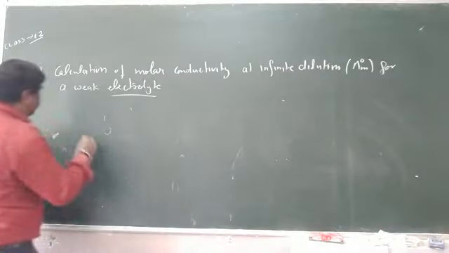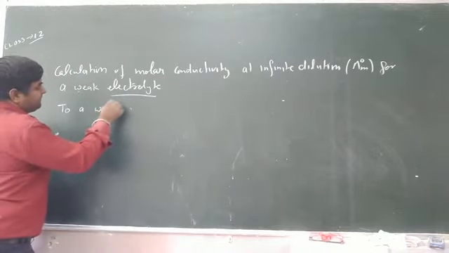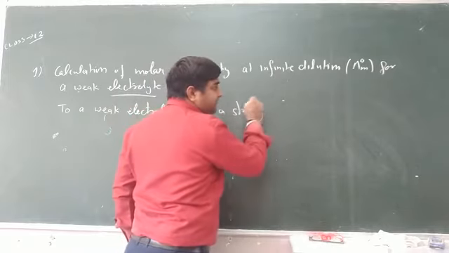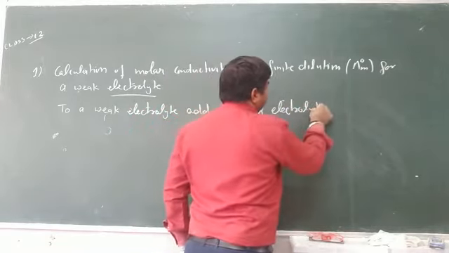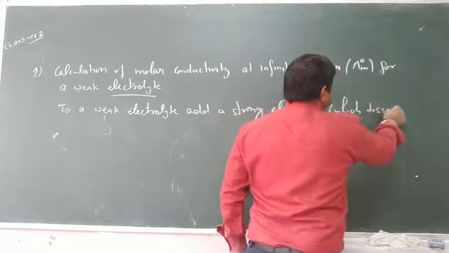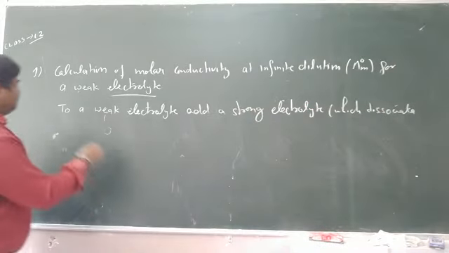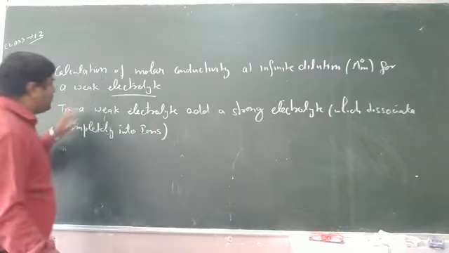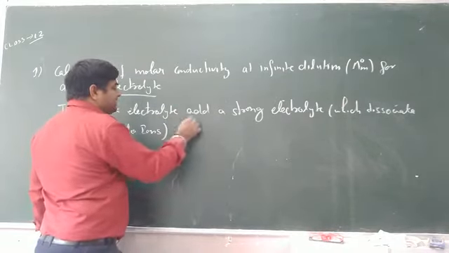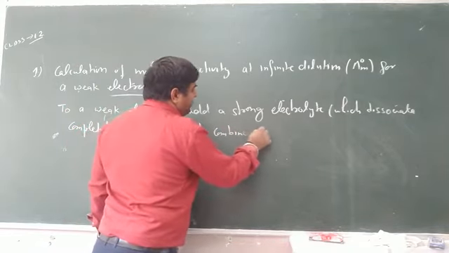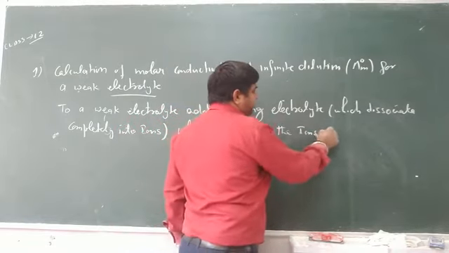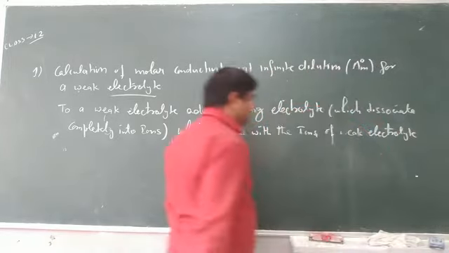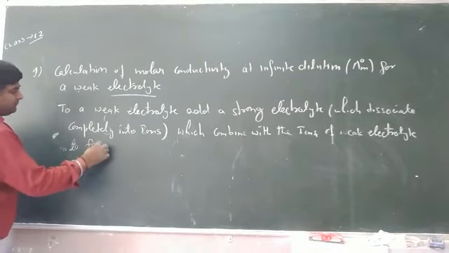Keep in mind, I'm just writing here: to a weak electrolyte, add a strong electrolyte which dissociates completely into ions, and which combines with the ions of the weak electrolyte to form strong electrolytes.